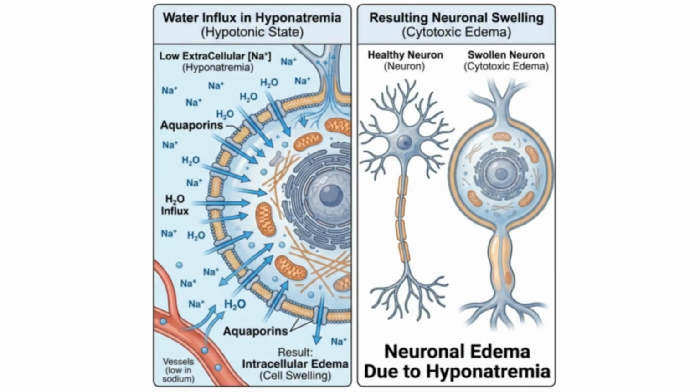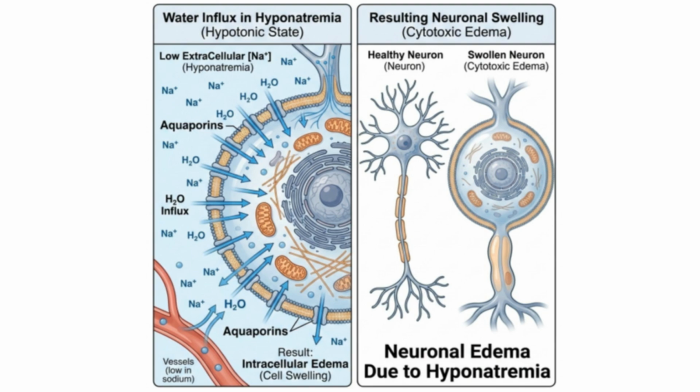The sodium level drops in the blood, and the most important effect of this is on our brain. When the sodium level drops in the blood, there is a difference in osmolality between the fluid outside the brain cell and inside the brain cell.